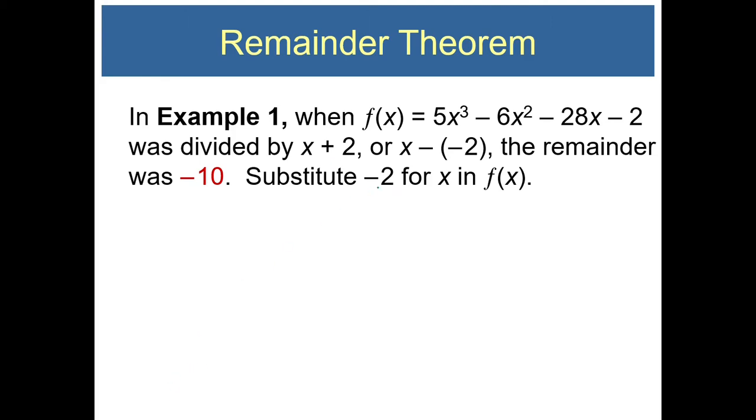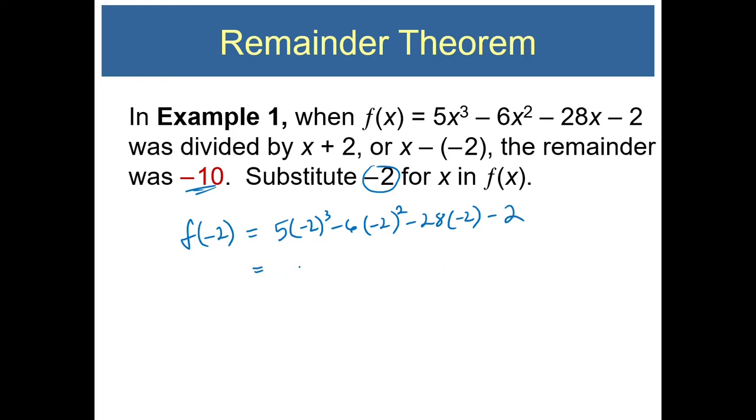If I take f of x and plug in a negative 2, I should get a negative 10 as my answer. So let's try f of negative 2. That's equal to 5 times negative 2 cubed minus 6 times negative 2 squared minus 28 times negative 2 minus 2.